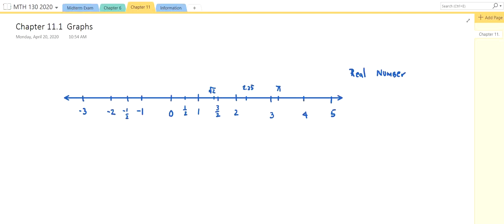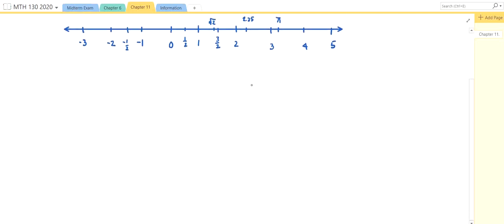Well, a fellow named Rene Descartes recognized, he's at least credited with this idea, that you could take two number lines and place them perpendicular to each other, like I'm doing here.